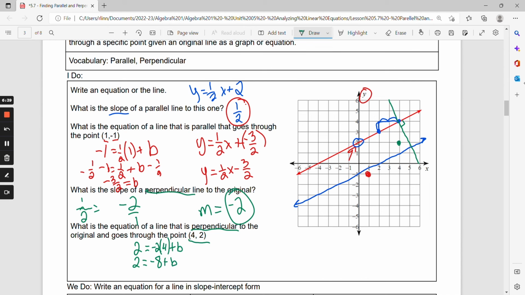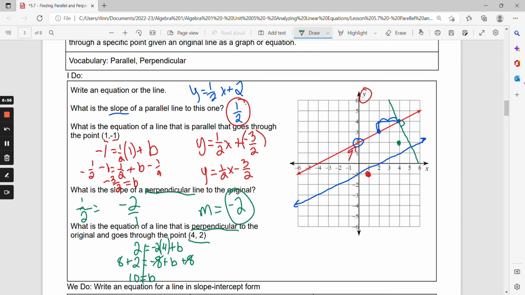Then we just solve for b. We want to isolate our variable. In order to get rid of that 8, we need to add 8 to both sides. Negative 8 and positive 8 cancel out. We're left with b equals 10.